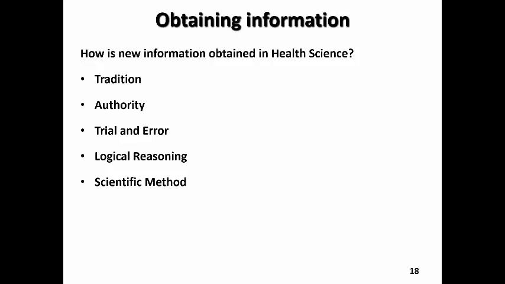Now, in terms of the probability that the information gathered will be most valid, we see that the probability that the information becomes more valid increases progressively as we move from relying on tradition to authority, trial and error, logical reasoning, and then finally the scientific method.